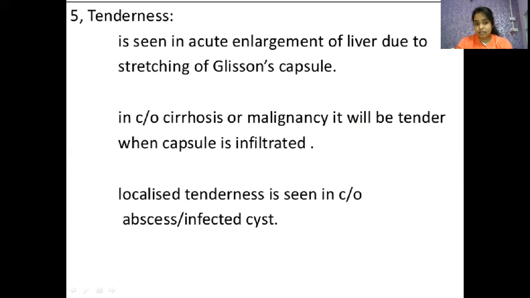It will be tender when the capsule is infiltrated, as in malignancy, and localized tenderness is seen in abscess or infected cyst. So it is important to know when the liver gets tender, when soft, and when firm.